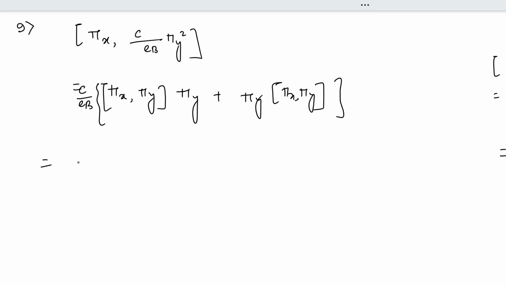Now in here you have c by eB common, and then you have 2 times this thing, but because they are operators, one time the pi y is on the right and the other time pi y is to the left, right?